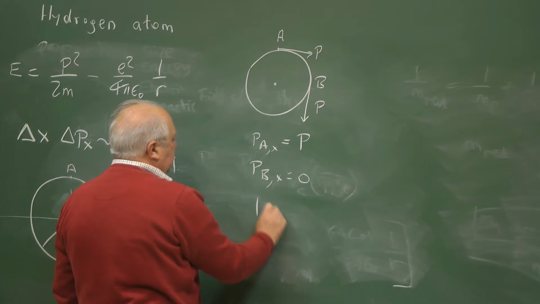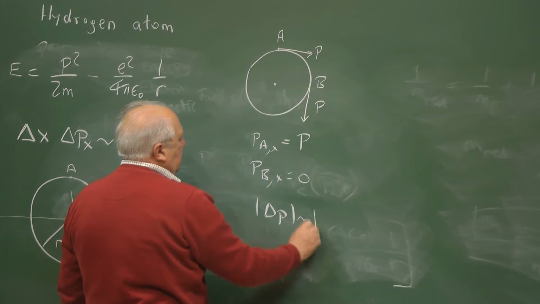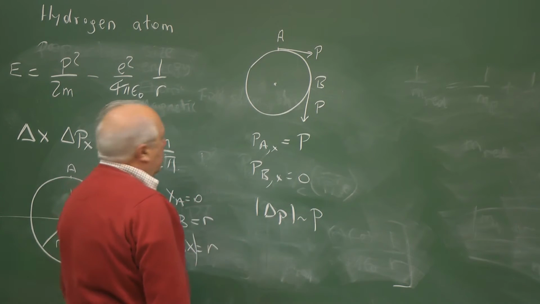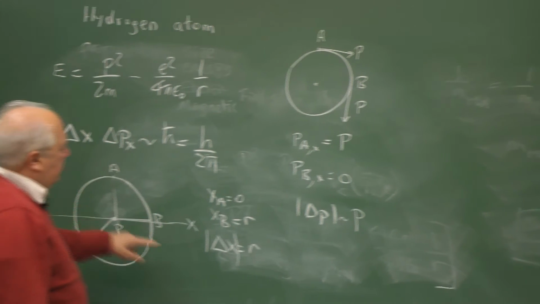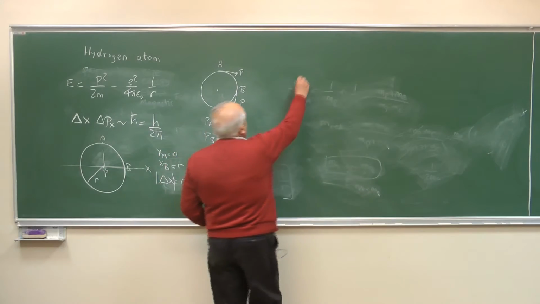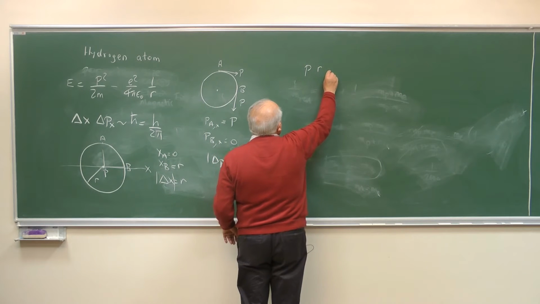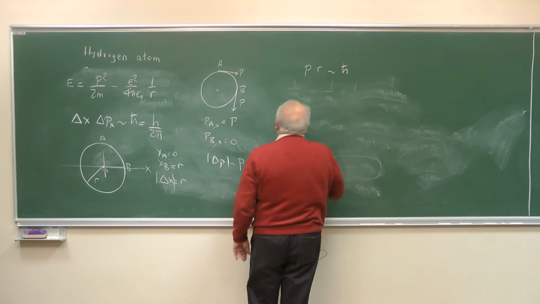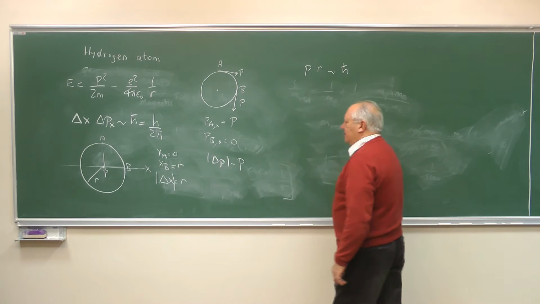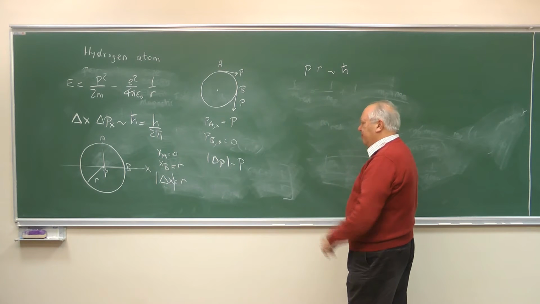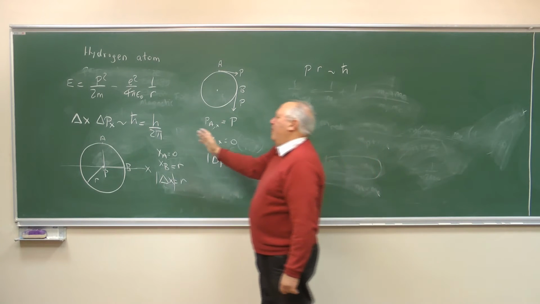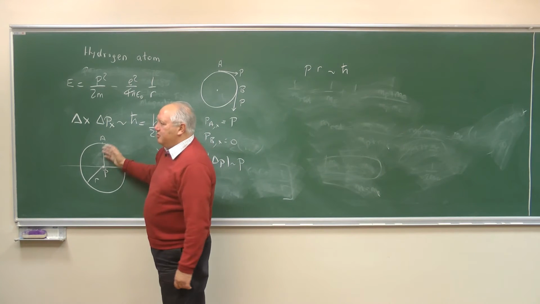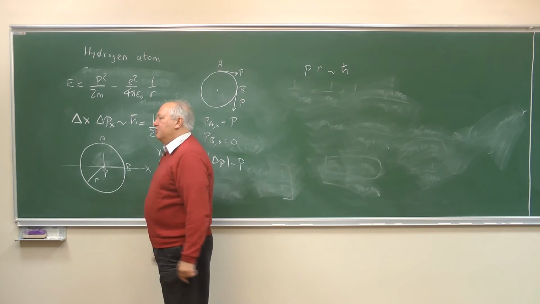Therefore, delta p is like p. So if we are using this uncertainty principle, p times r is like h bar. r is, of course, to be interpreted as the most likely whereabouts of the electron. How far is it most likely to be about the proton?